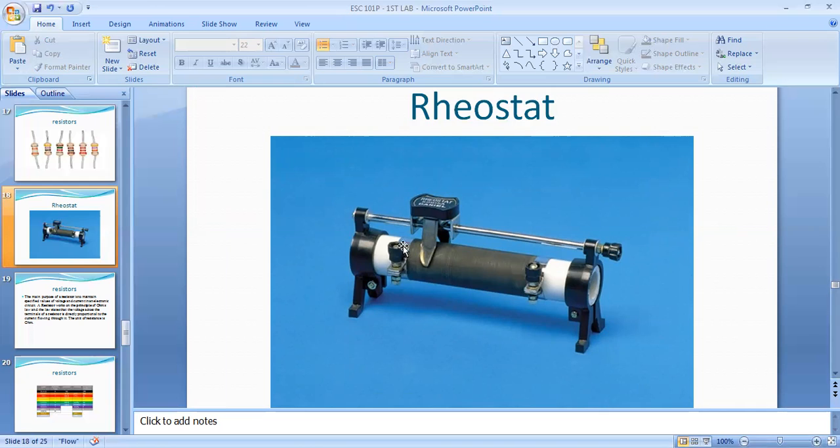When the input supply is given, current goes in here and passes through this coil. When this regulator knob is there, current passes through this regulator knob.